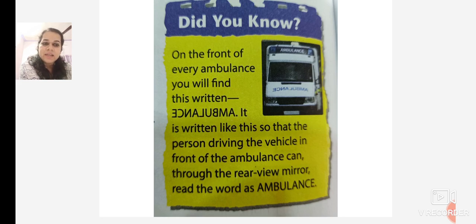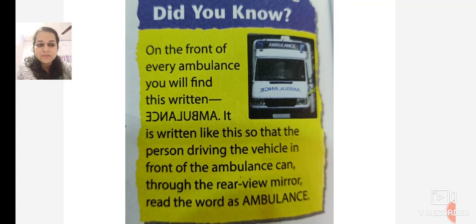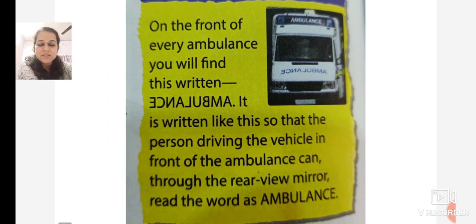It is written like this so that the person driving the vehicle in front of the ambulance can, through the rear view mirror, read the word as ambulance, that is, straight. You can see it is written in the opposite direction in a mirror image.